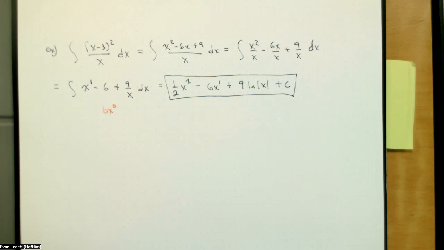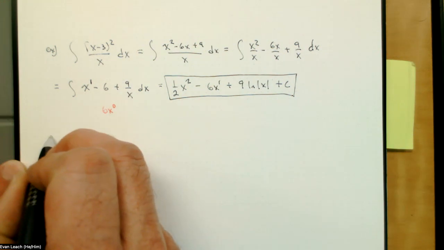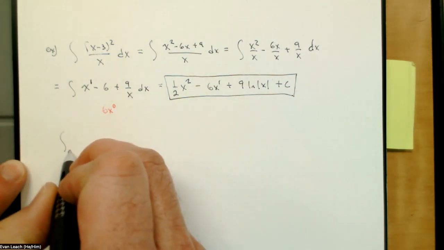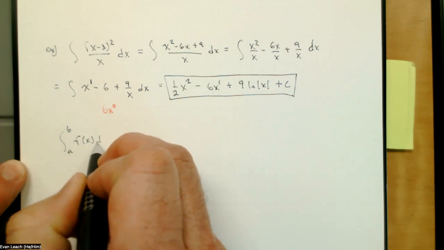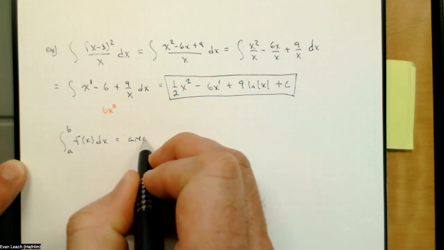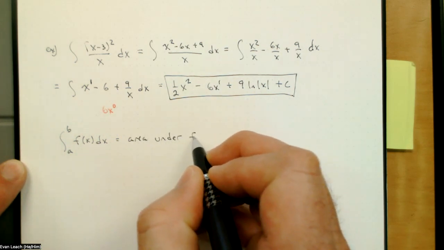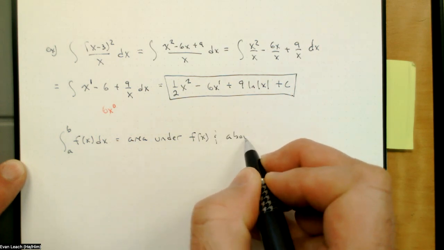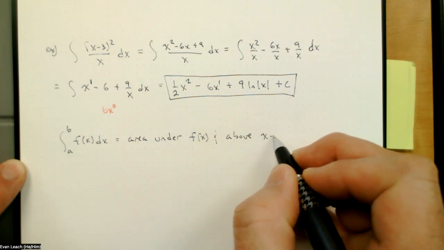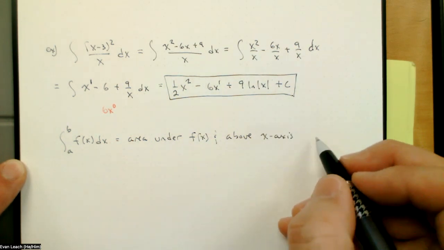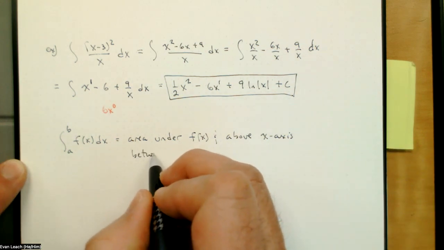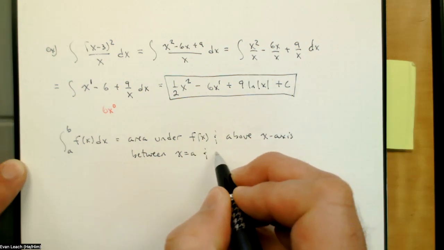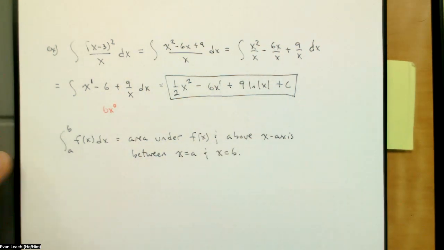But for (x minus 3) squared, let's just multiply that out. So we've got the basics of this calculation.